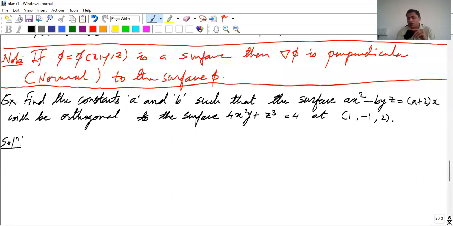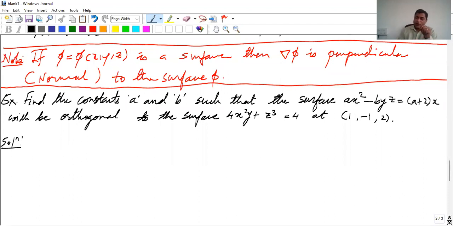First of all, we need to find the normals to the surfaces. We know if phi is the surface, then del phi is perpendicular, or normal, to the given surface.